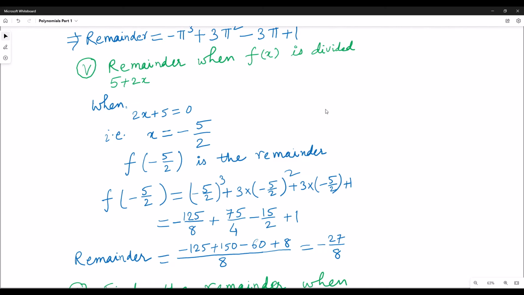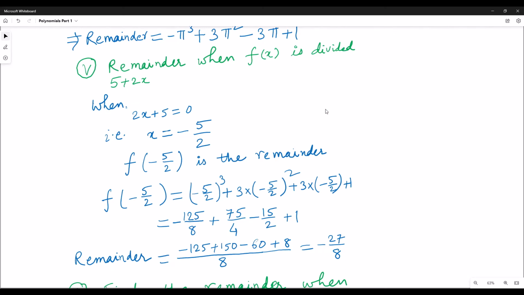If we take 2 outside, then it will be 2 times (x plus 5 by 2). So x plus 5 by 2 is of the form x minus a. Here a is minus 5 by 2.